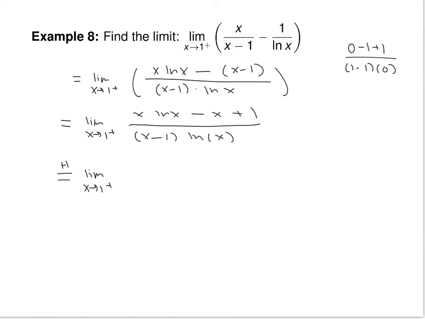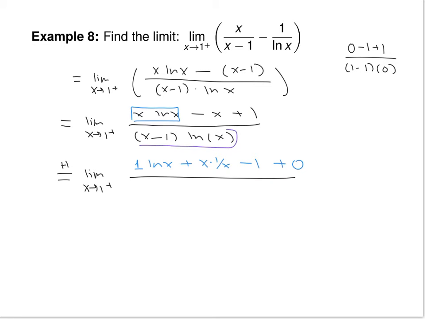So what's the derivative of x natural log of x? It'd be 1 ln x, plus x times 1 over x, which is 1. Don't forget, that's x over x, which is 1. Minus 1 plus 0. What rule do we have to use to take the derivative of the denominator?